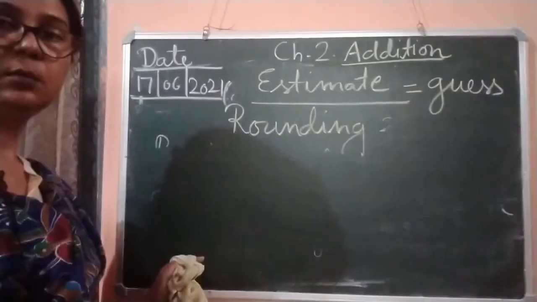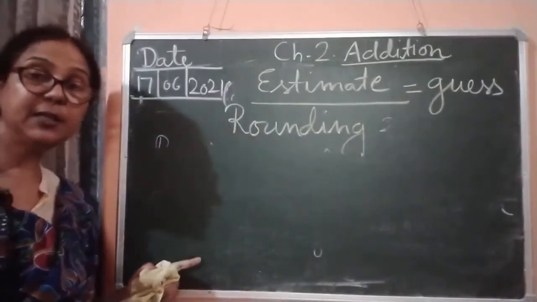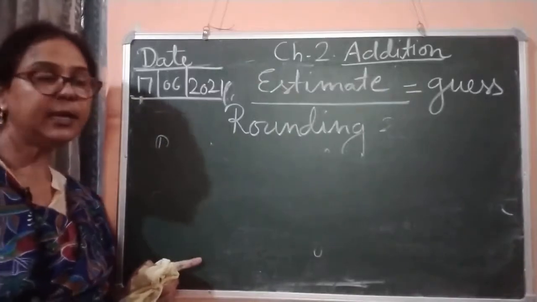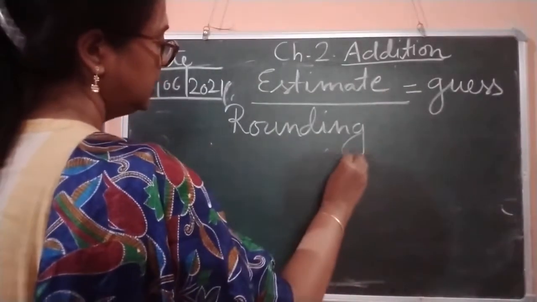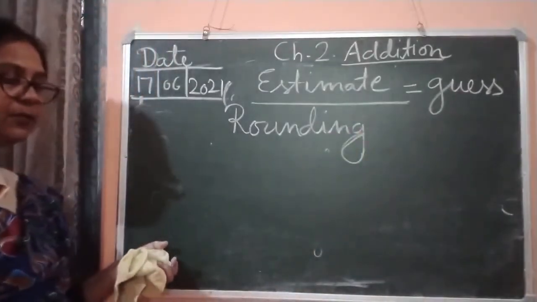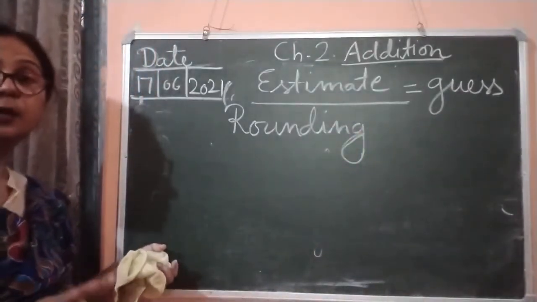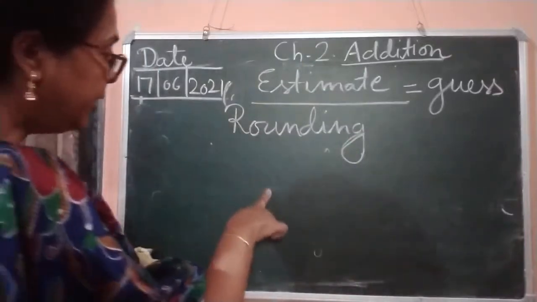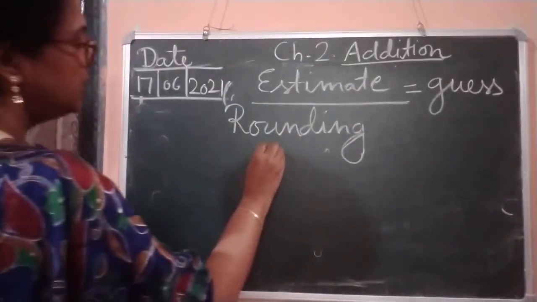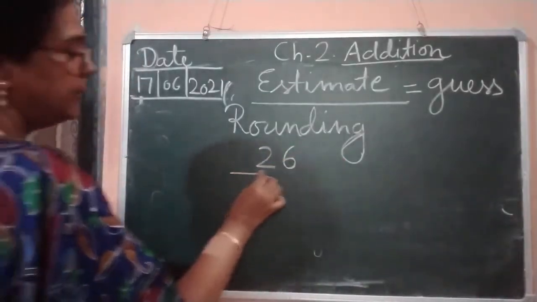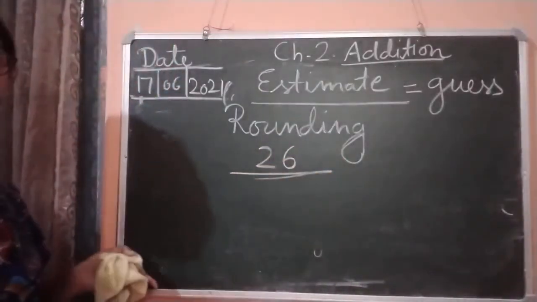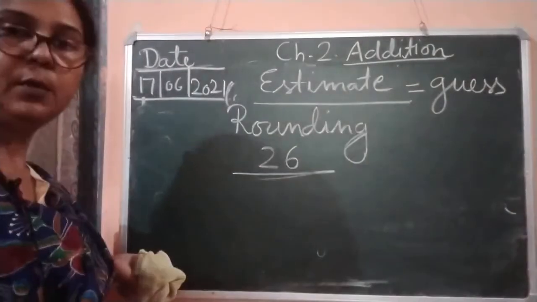Okay, children. When we are rounding to the nearest 10, it means when we round any number to the nearest 10, first we will see the ones place. If it is 26, the number is 26, and we have to find the rounding to the nearest tens. So what will we see?